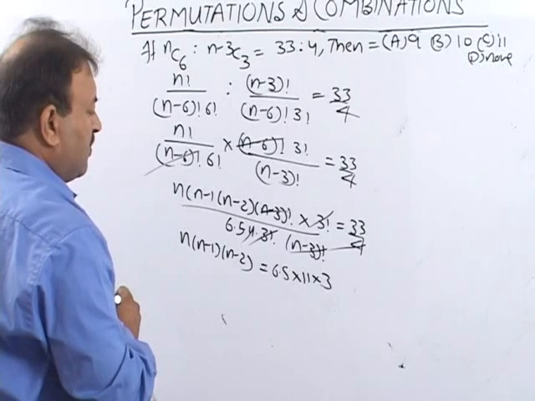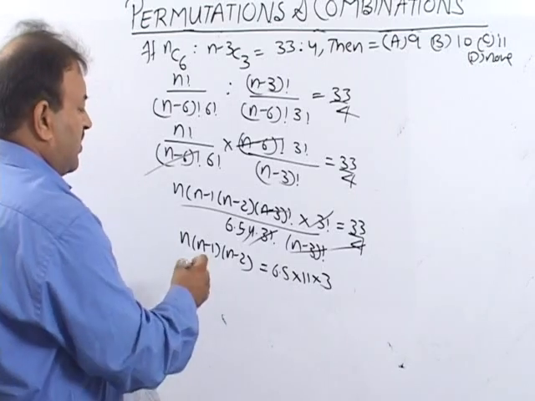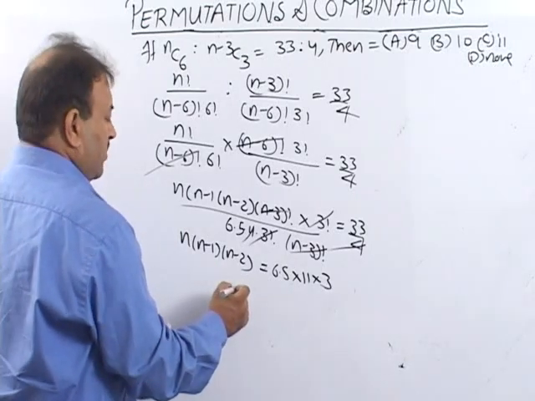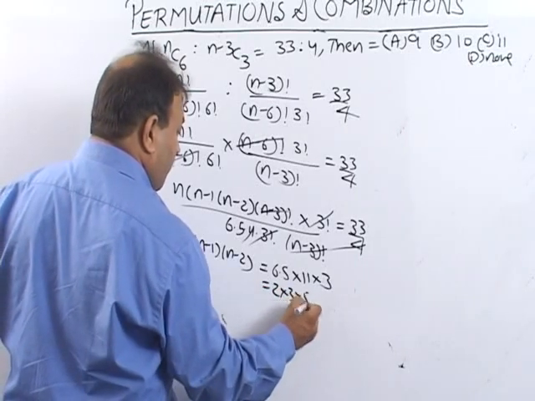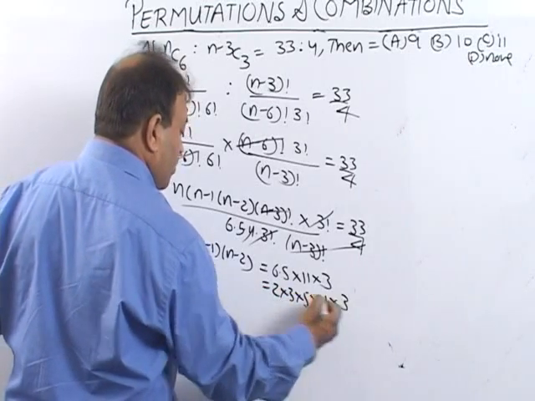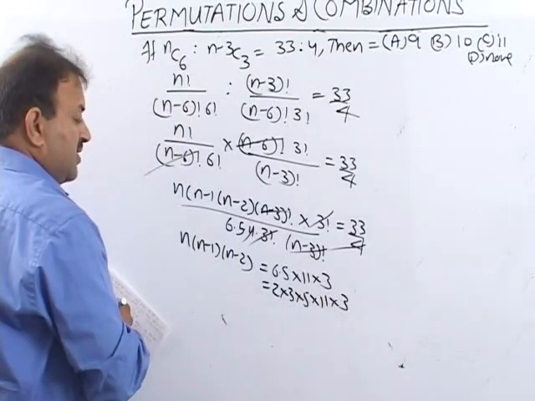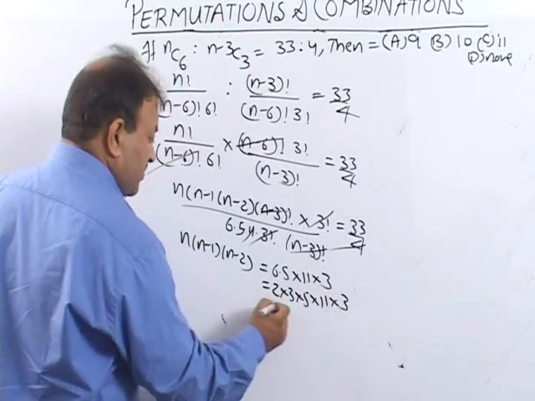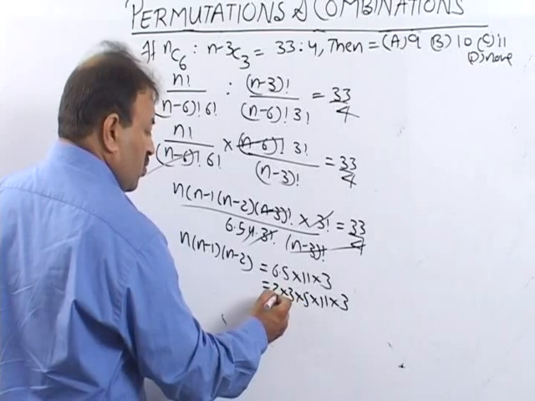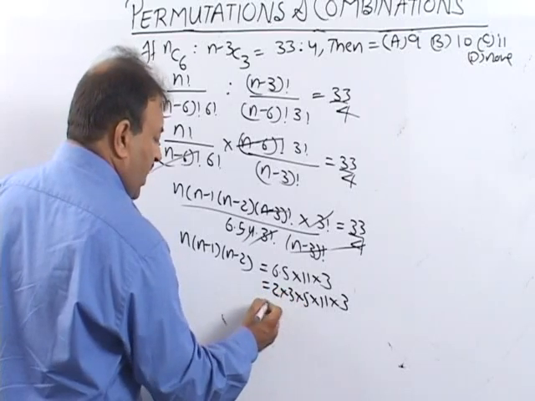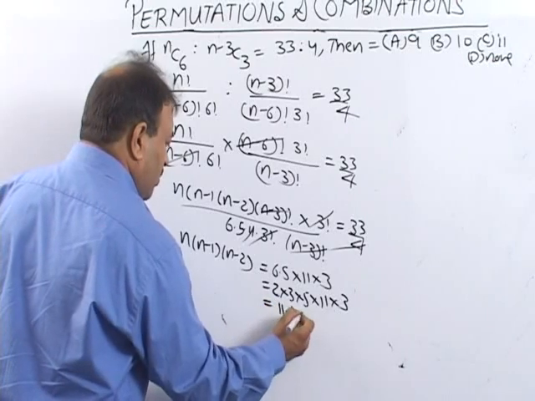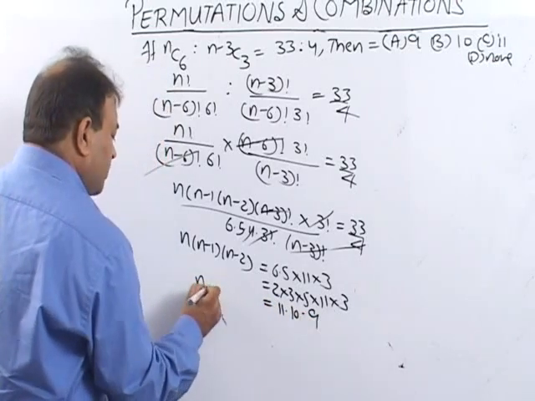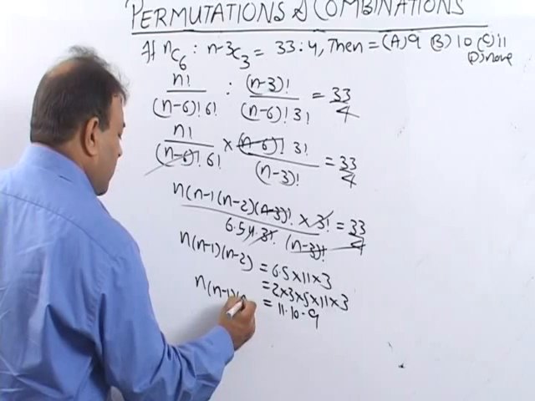Now we have to simplify it because हमने 3 consecutive terms लेके आनी है. It comes out to be 2 into 3 into 5 into 11 into 3. That means it can be written as 5 to the 10, 3 3 the 9. It can be written as 11 into 10 into 9. This is n, n minus 1, n minus 2.